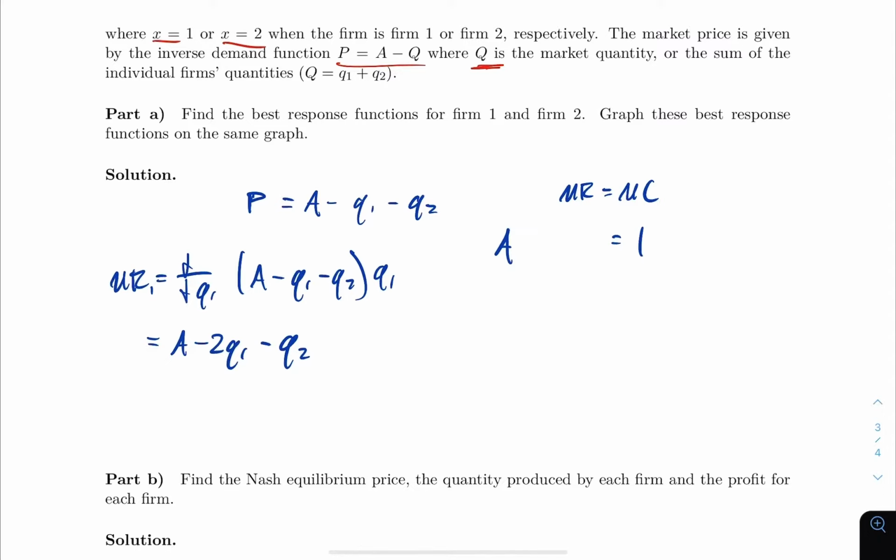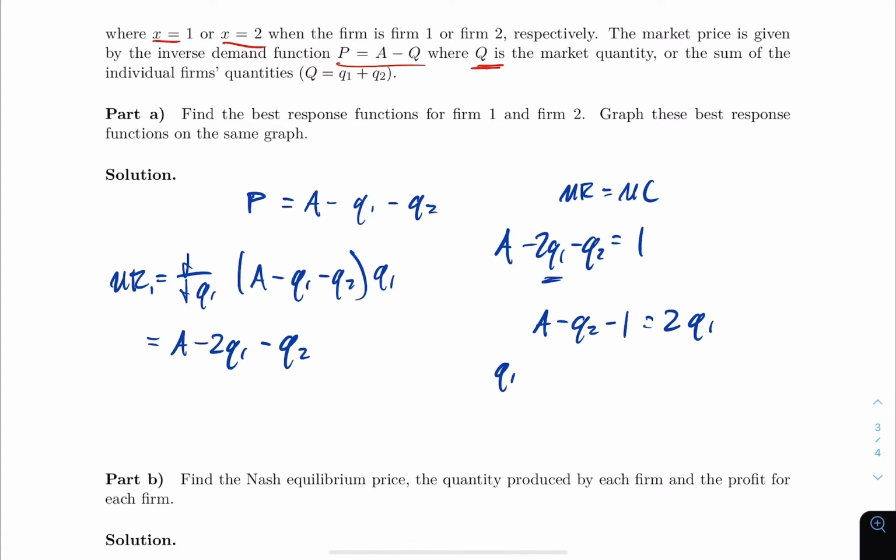So we have A minus 2Q1 minus Q2 equals 1, and then we solve for Q1. That gives us A minus Q2 minus 1 is equal to 2Q1. Then we divide both sides by 2.